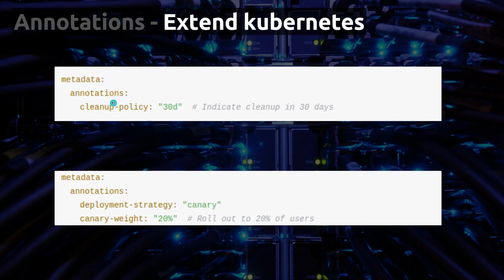Some other examples, for your backups, maybe you can use a specific annotation like cleanup policy to clean backups every 30 days, and you can develop your own tool to discover this key and change the behavior of your tool to remove a file if this file is older than 30 days.